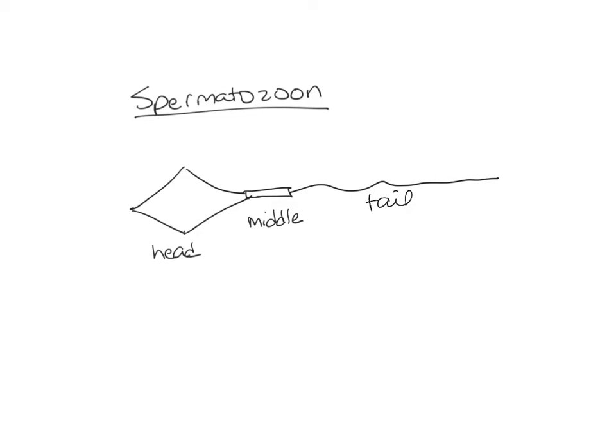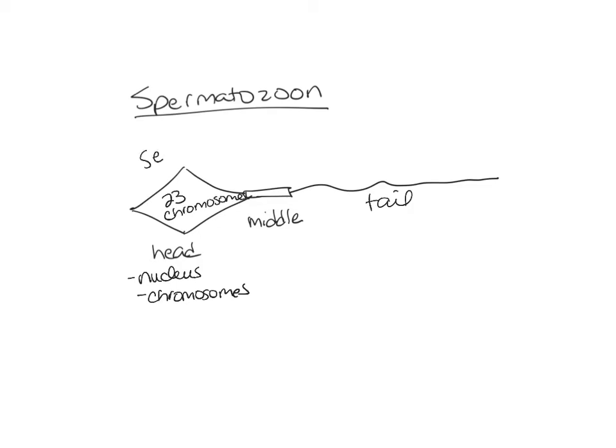So the head is a flattened ellipsoid structure that contains the nucleus, which contains the chromosomes. So remember, there will be 23 chromosomes in the head of the sperm.